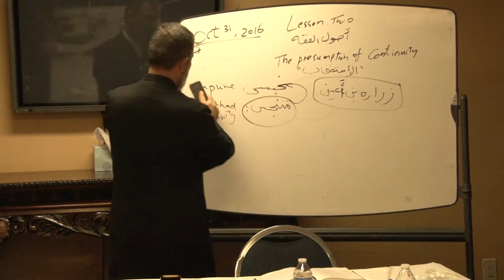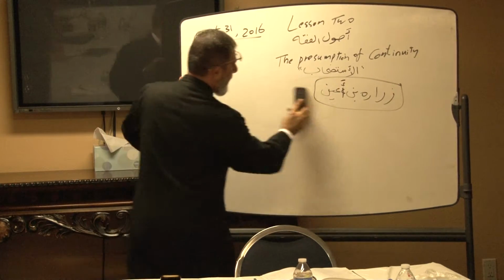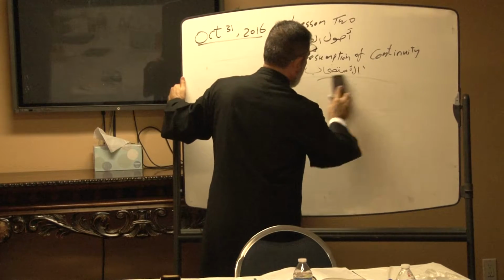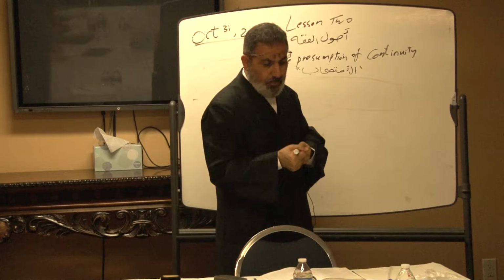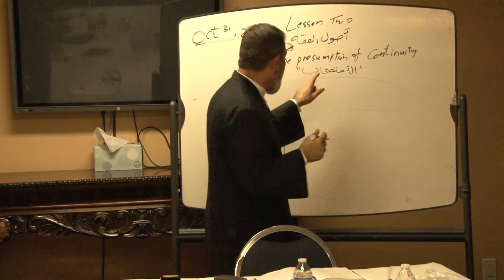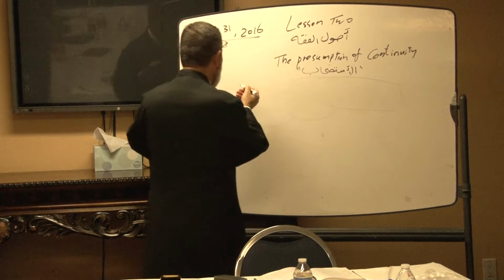Now this istishab, my friends, has two faults. Two faults. Let me remove this and bring these two faults here of the istishab. Two parts. In order for us to apply this principle, we need two parts. Part number one.